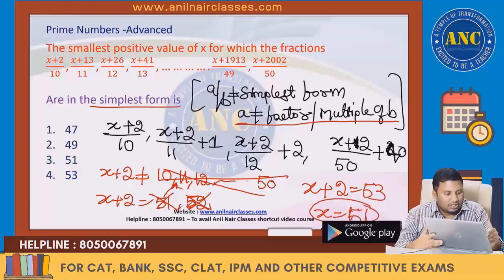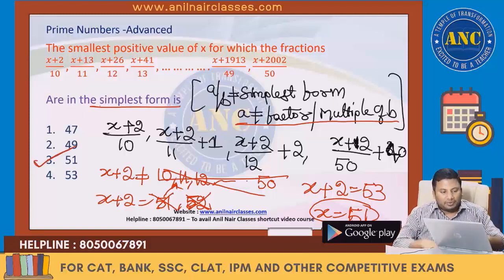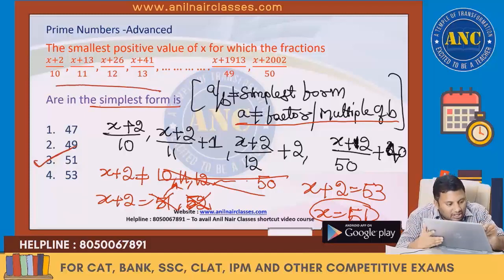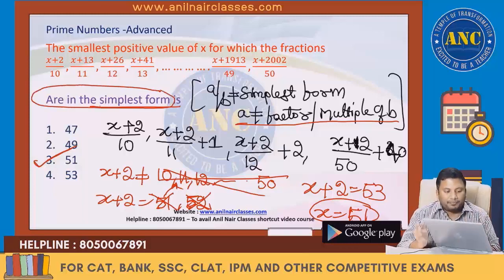Beautiful question, sir. x value is 51. The question is, it should be in its simplest form.